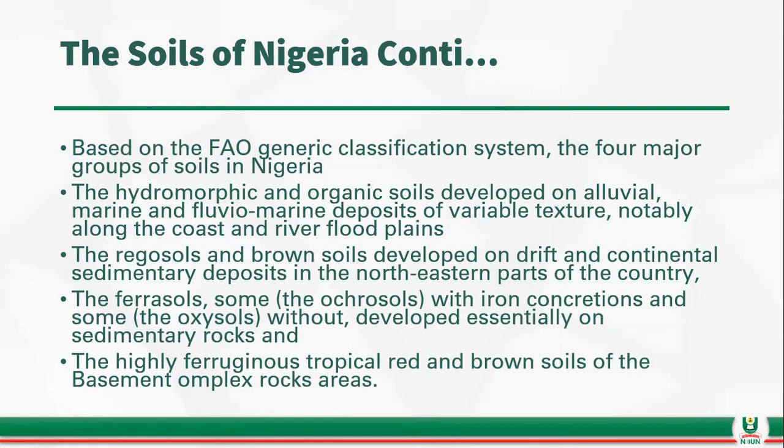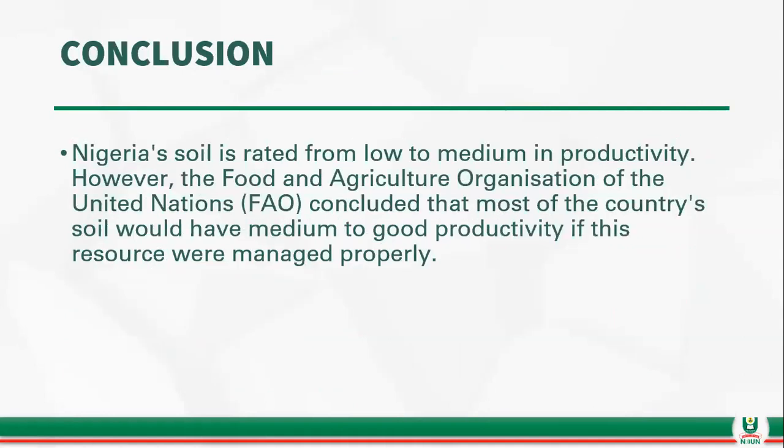We also have those developed essentially on sedimentary rocks, as well as the highly ferruginous tropical red and brown soils of the basement complex rock areas. So these are some of the soils of Nigeria.